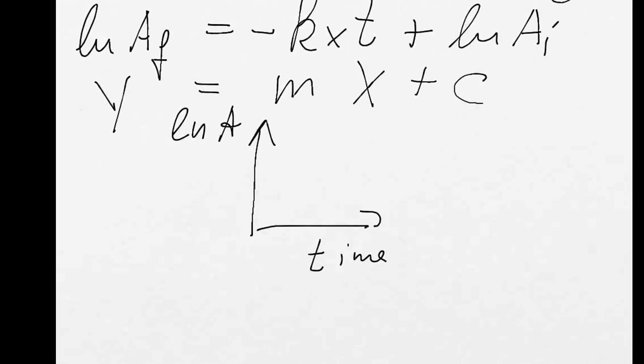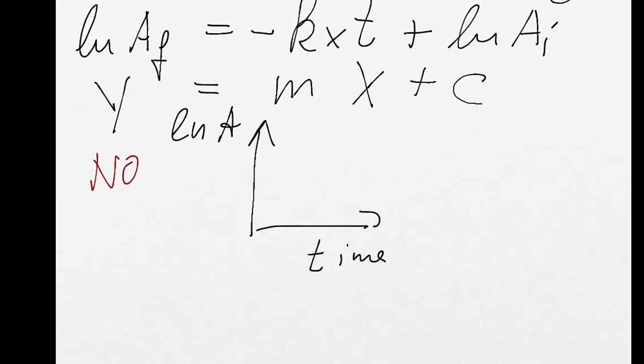And here comes the bummer. If you've got an ln on an axis, you cannot have units on it. So if there is ln, no units, at least not on this axis.